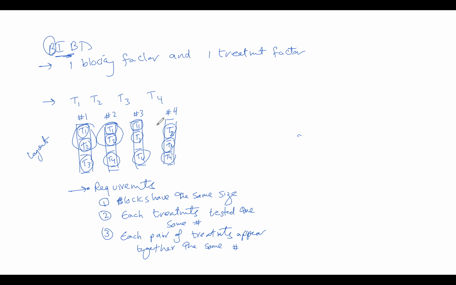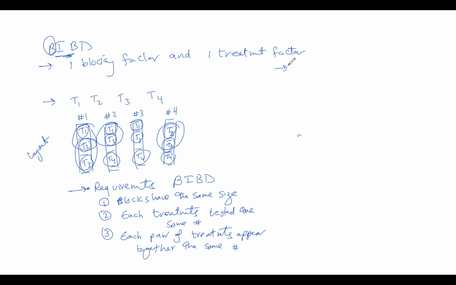So all the others should appear together 2 times. What about T2, T3? T2, T3, 2 times, and so on. So all the pairs should appear the same number of times. If these 3 conditions are satisfied, we can say this one is balanced incomplete block design. But if one of them is not satisfied or more than one, it is an unbalanced incomplete block design. But the balanced incomplete block design is better than the unbalanced incomplete block design.